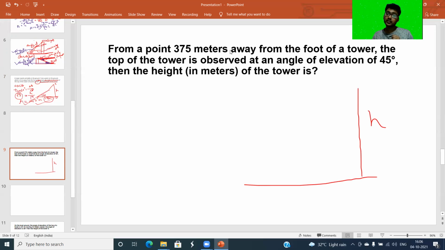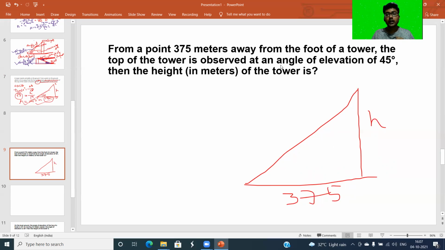A point 375 meter away from the foot of a tower, matlab base 375. Okay, the top of the tower is observed.